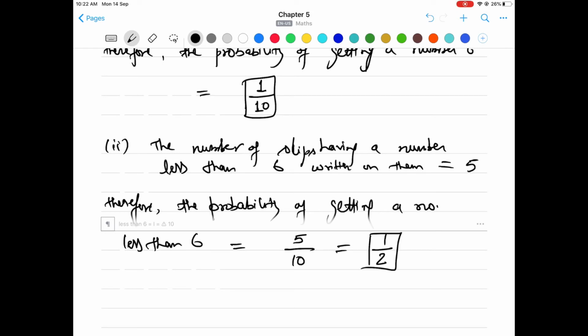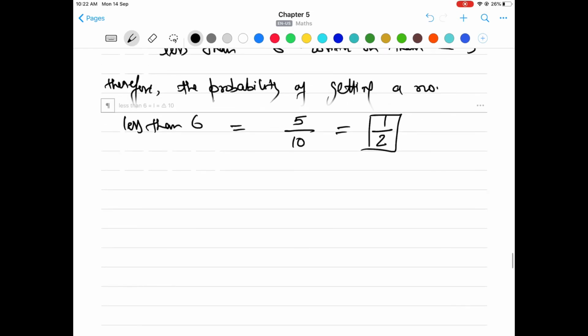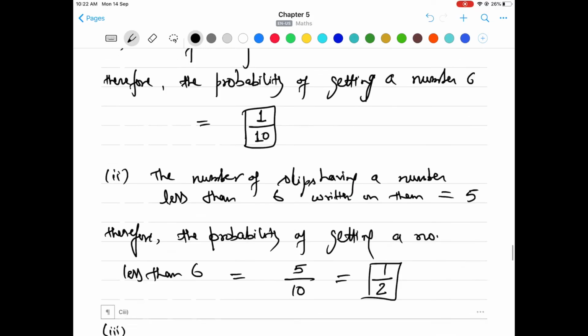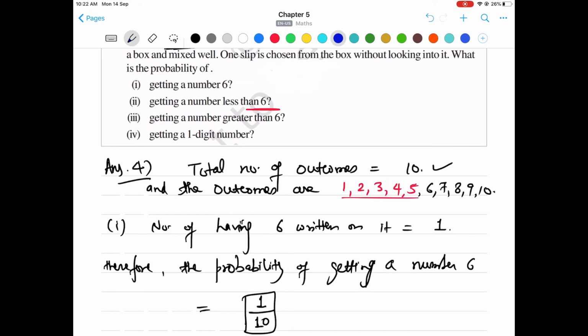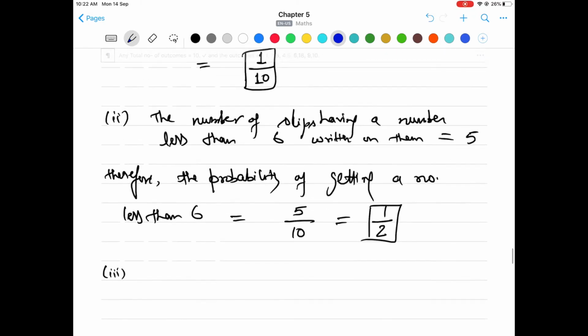Next is getting a number greater than 6. Now the numbers greater than 6 are these 4, which are 7, 8, 9 and 10.